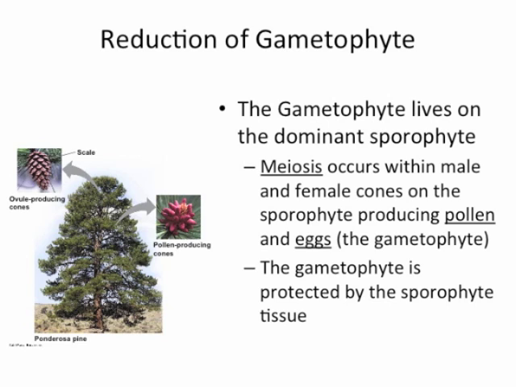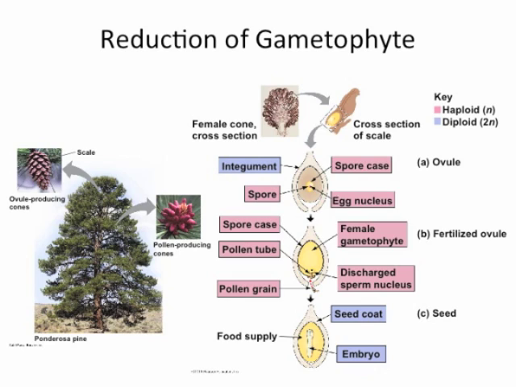So, okay. If we look a little bit closer at what's going on inside of these cones, here's what it looks like. Here's a cross-section of a female cone, and definitely don't worry about any of these terms. Inside of the integument, which is the outer coating within the female cone, is where the haploid gametophyte is, and you've got a few cells there to make up the egg, and you can see that it develops into the female gametophyte, the ovule there.